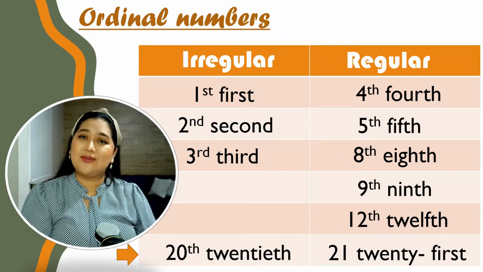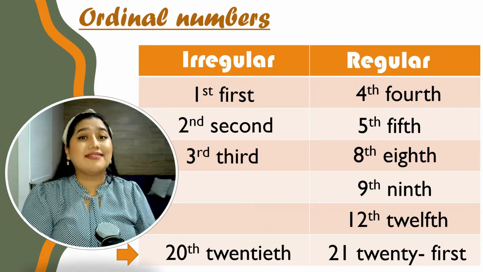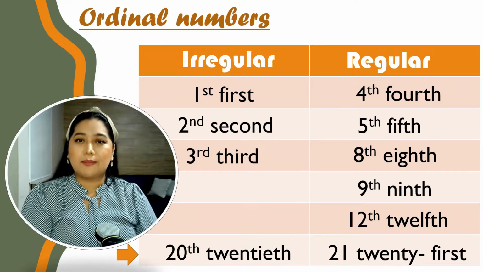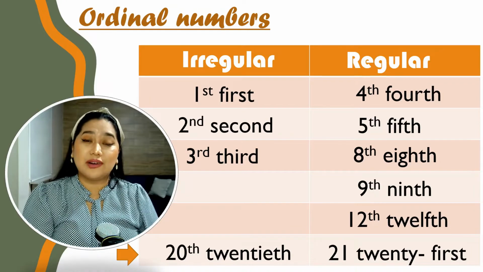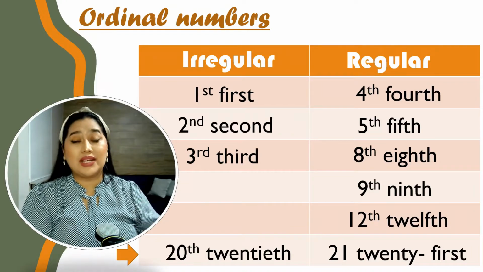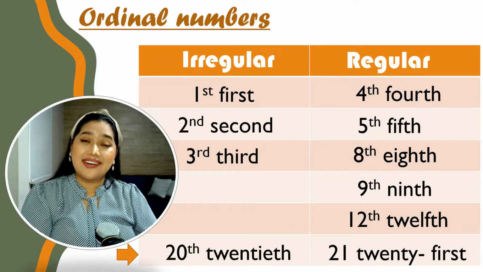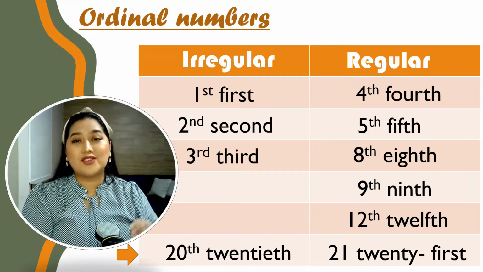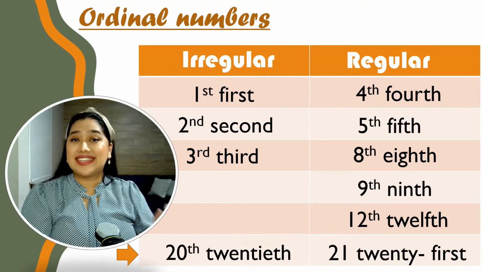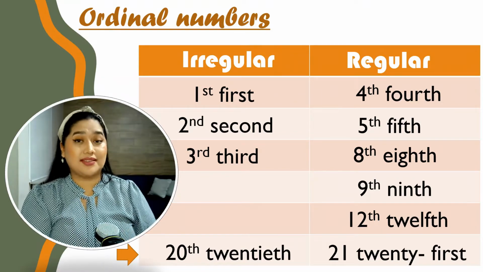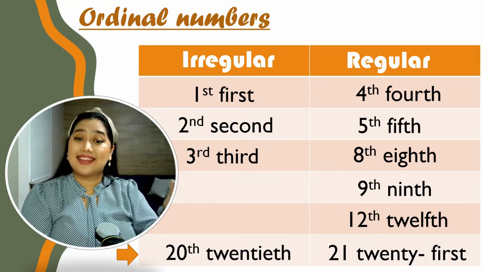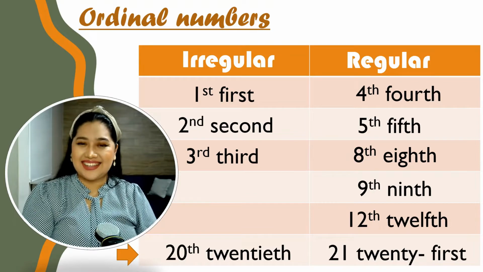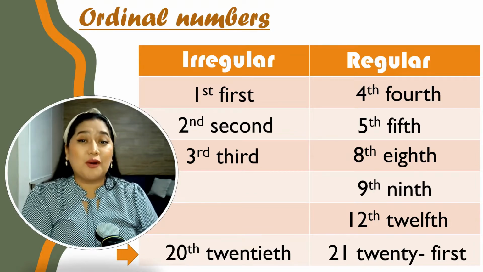Well, the only thing we use is the cardinal number and then the ordinal. For example, 21st. Can you see it? We have 21st, and then we'll have 22nd, 23rd, 24th, 25th, 26th, 27th, 28th, 29th, and again 30th. So that's it. These are ordinal numbers in English.